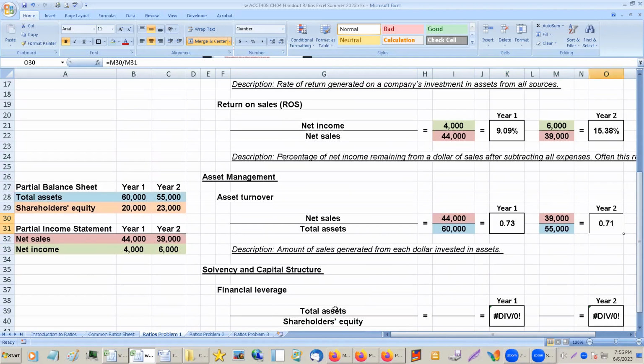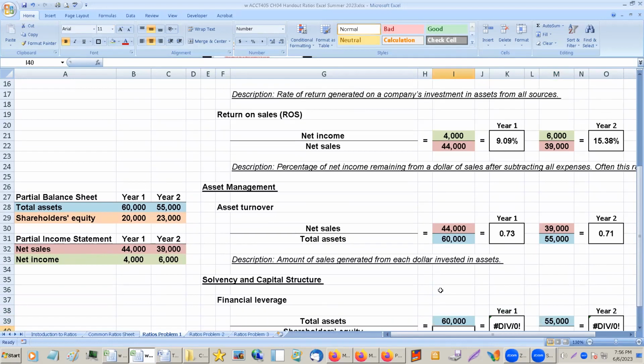Financial leverage. Oh, what am I doing? I'm messing things up. That's what I'm doing. Total assets and shareholders' equity.